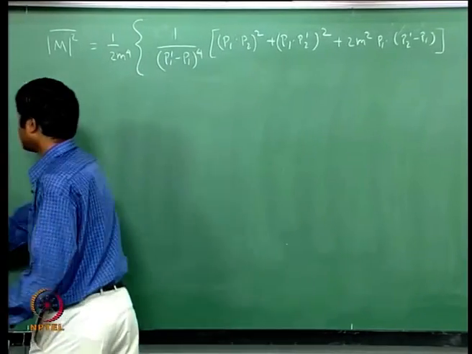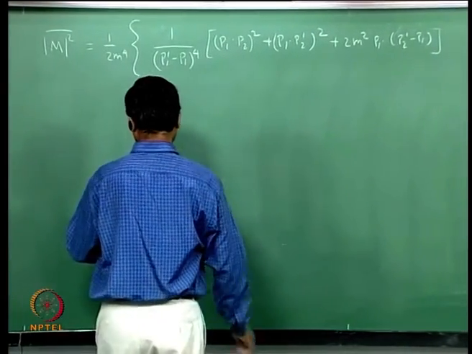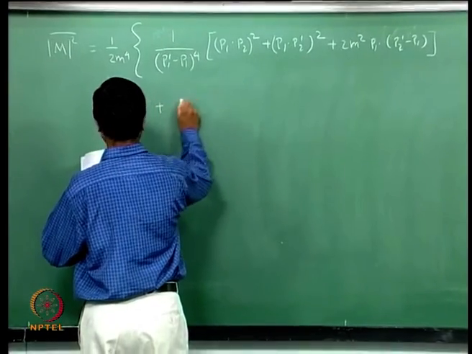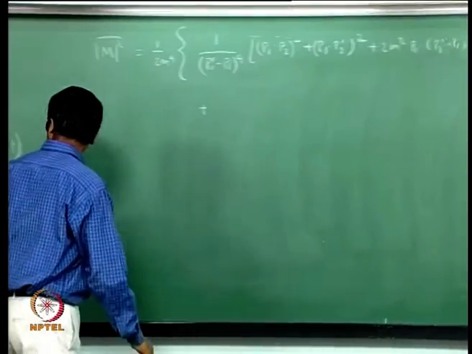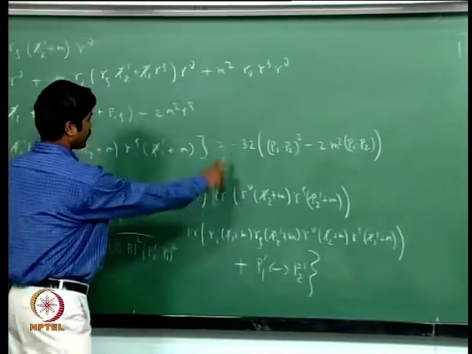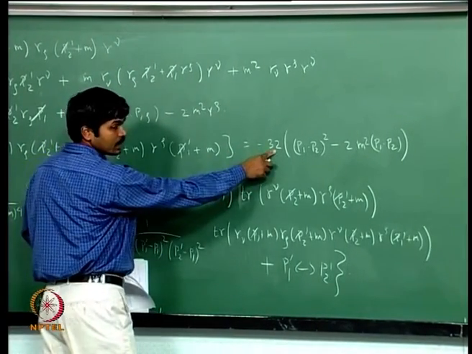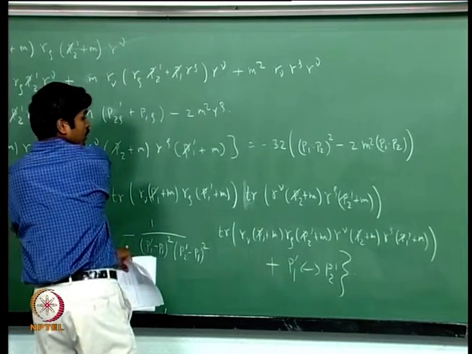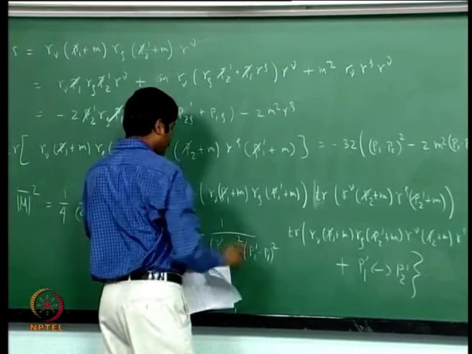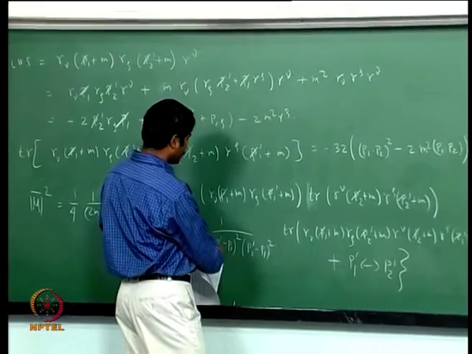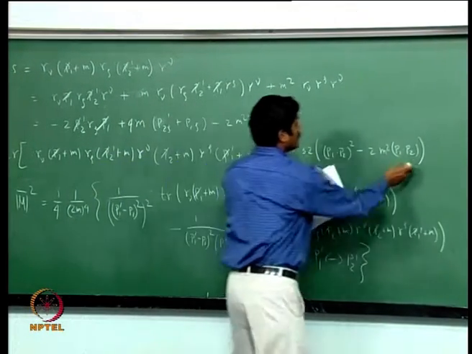And this term here will give me plus, as you can see, there is a minus which will give me plus. This 32 we have cancelled it here with 4 into 2 to the power 3. So, this is plus this times this.